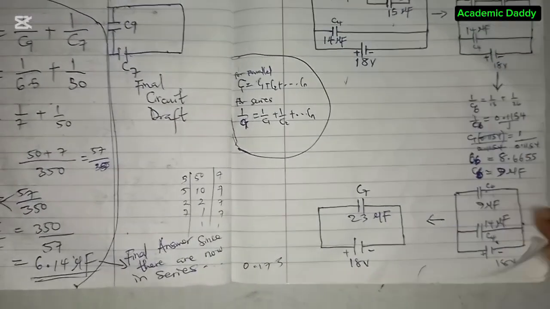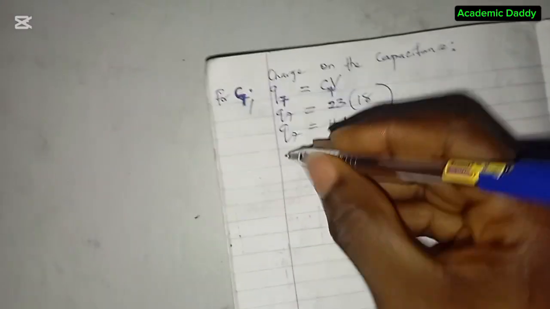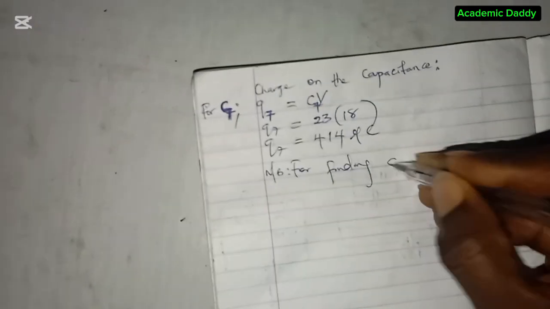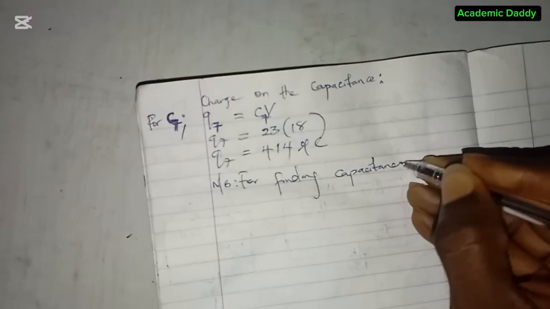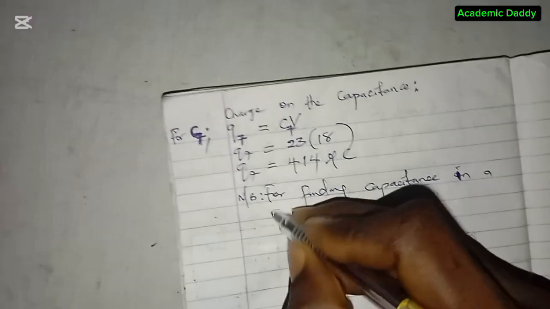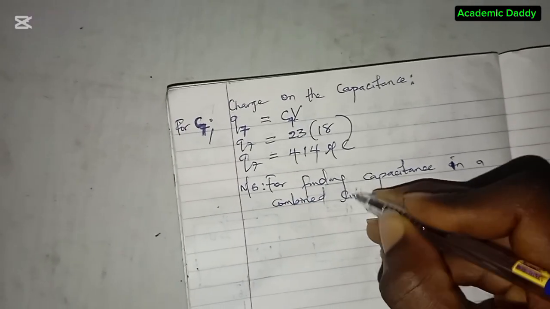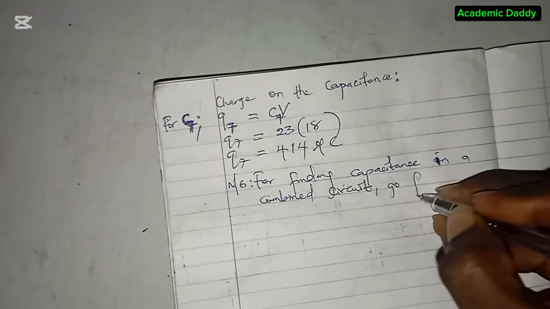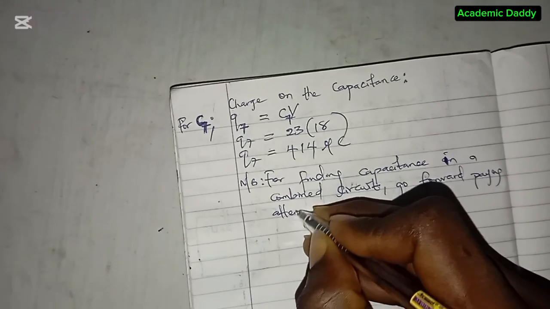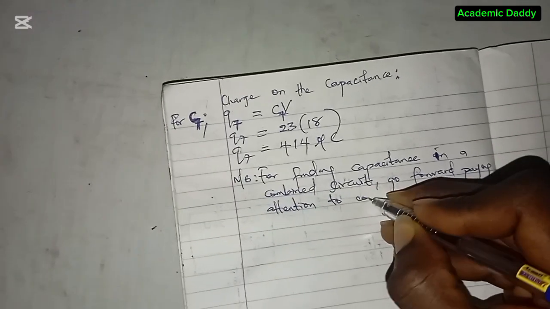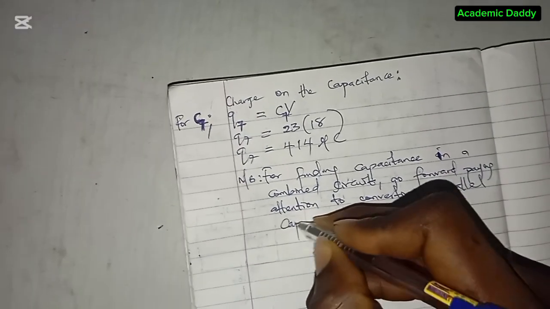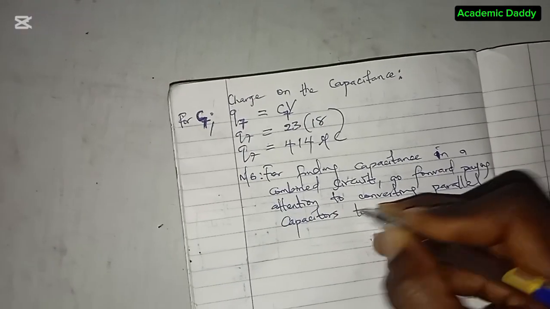Let me write it somewhere. Notes. For finding capacitance in combined circuits, go forward, paying attention to converting parallel capacitors to series.